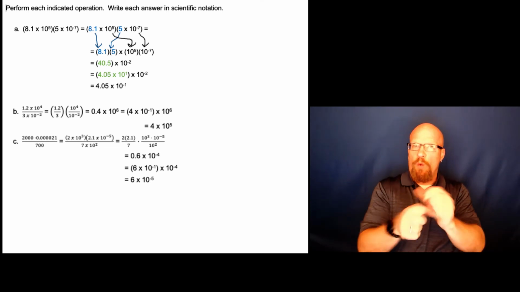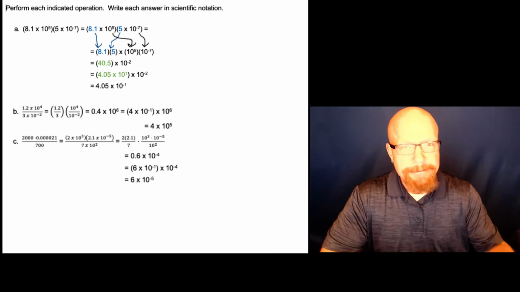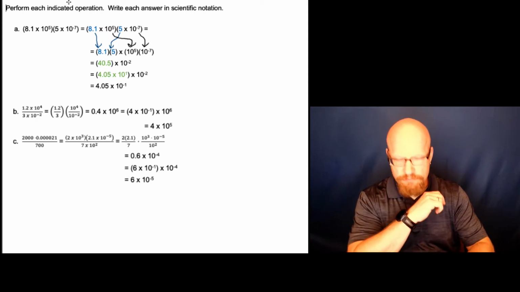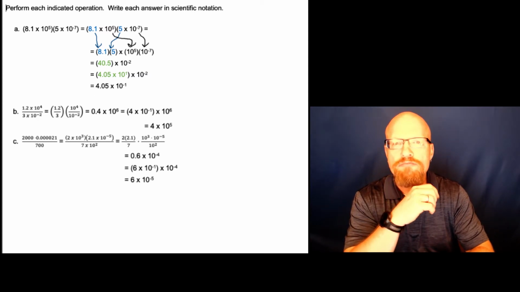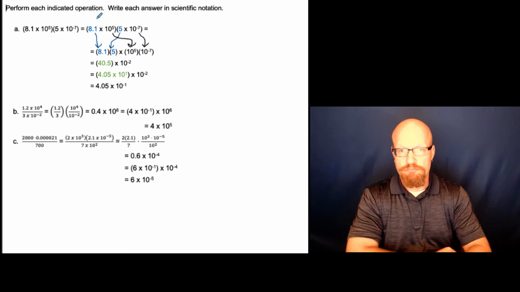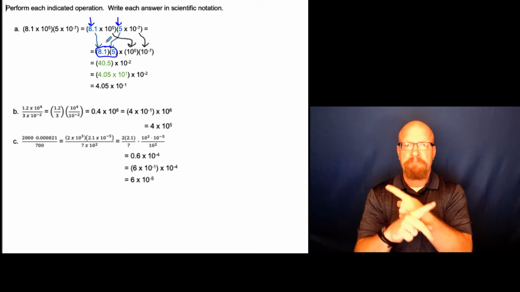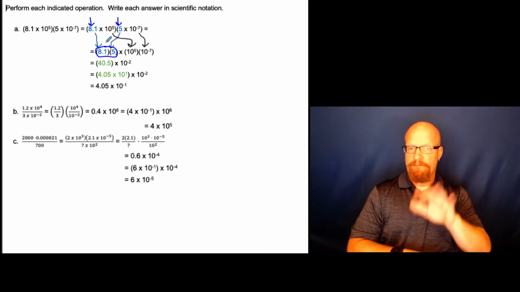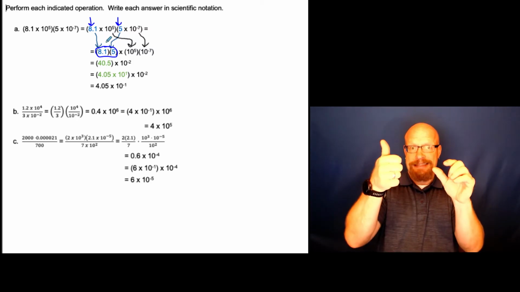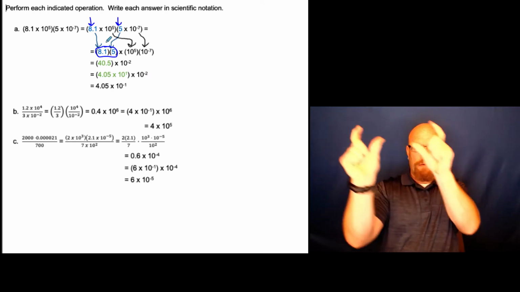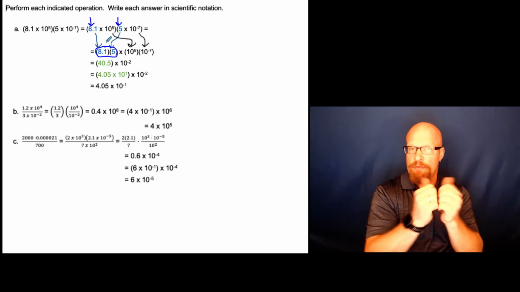The first example, we've already worked through it. First part is to move the numbers over, 8.1 times 5. Now the next, we take the powers of 10 and move them together and multiply them together separately.